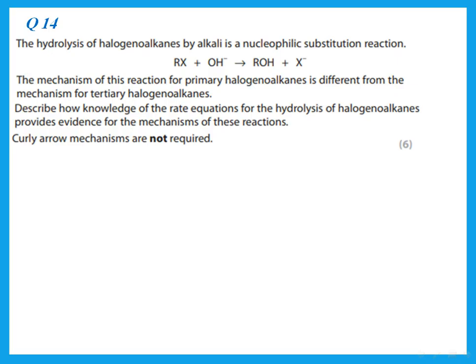The hydrolysis of halogenoalkanes by alkali is a nucleophilic substitution reaction. The mechanism for this reaction for primary halogenoalkanes is different from tertiary. Describe how knowledge of the rate equation for the hydrolysis provides evidence for the mechanisms. Again, would this mechanism be SN1 or SN2?